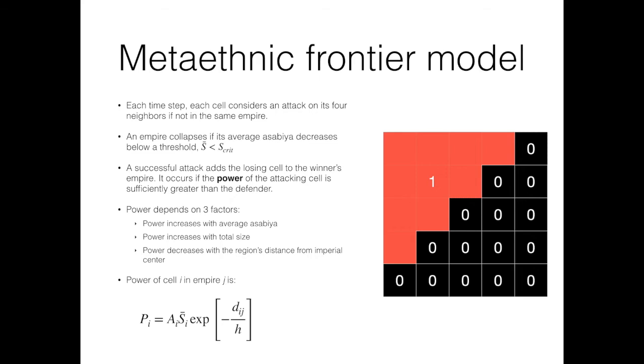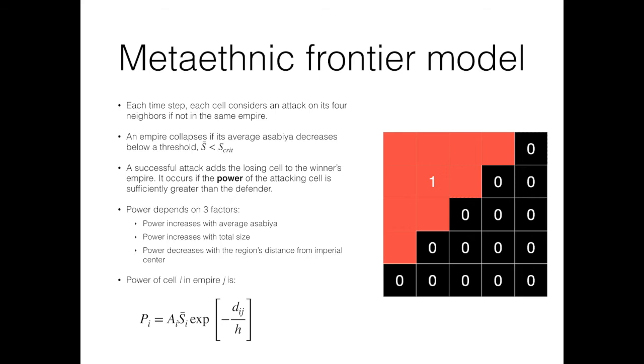If the difference between the attacker and the defender cells is greater than some delta p, the defending cell is taken over and its imperial index is made to join the existing empire.